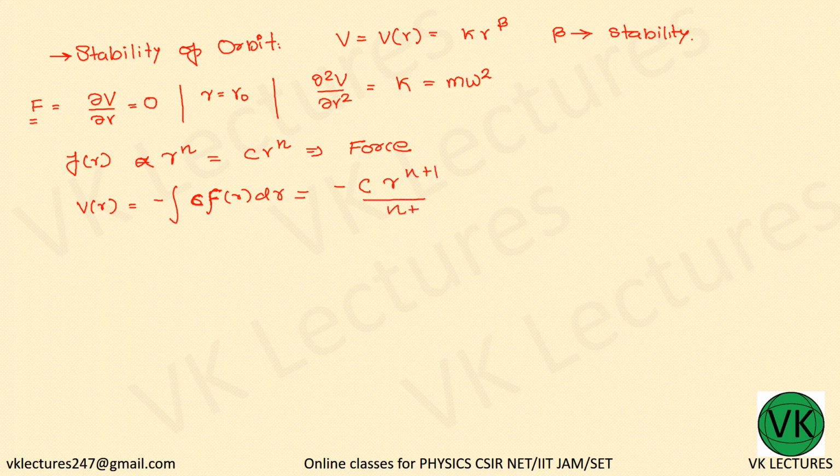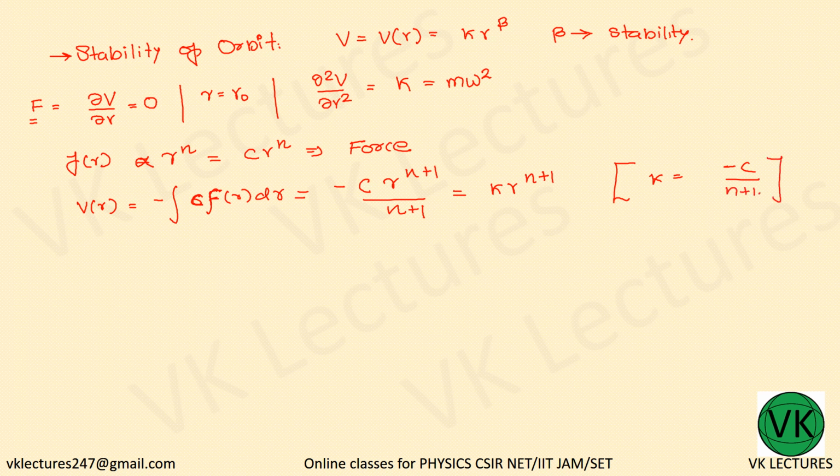So this is the v of r, which is equal to minus c r to the power n plus 1 divided by n plus 1. This we can write as k r to the power n plus 1. Now what is k here? Then k is equal to minus c divided by n plus 1.